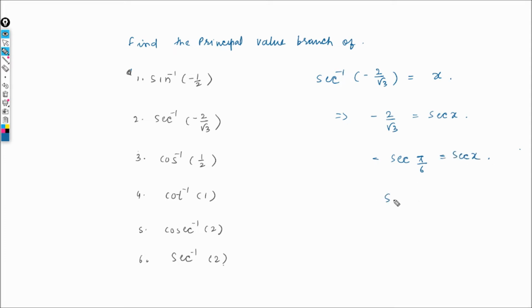So this can be written as sec of, sec is negative in the second quadrant, pi minus pi by 6 is equal to sec x. So sec of pi minus pi by 6, which means 5 pi by 6, is equal to sec x. This implies x is equal to 5 pi by 6, and 5 pi by 6 is nothing but 150 degrees. It belongs to 0 to pi.